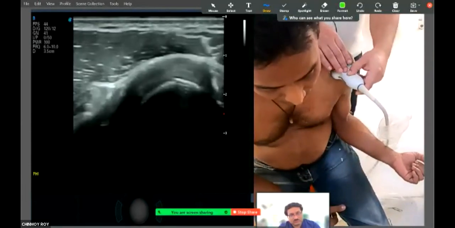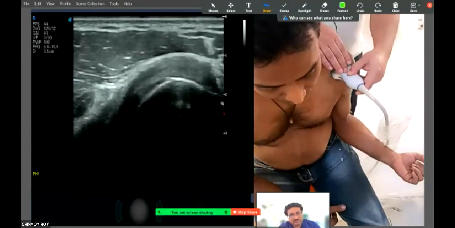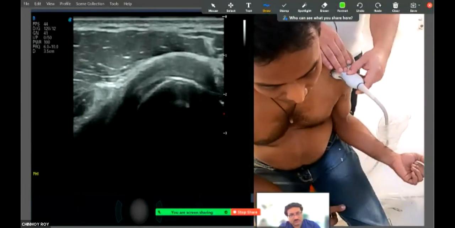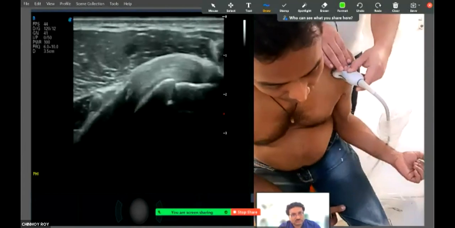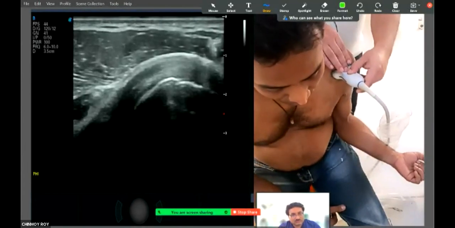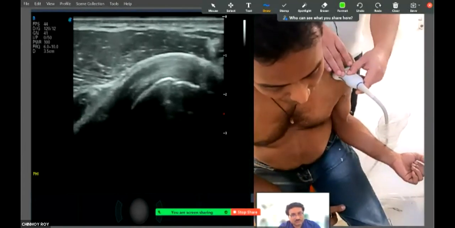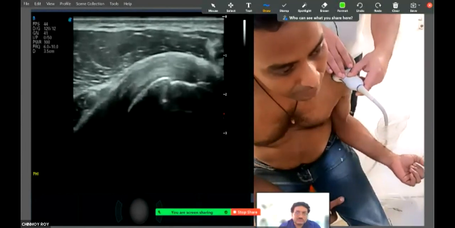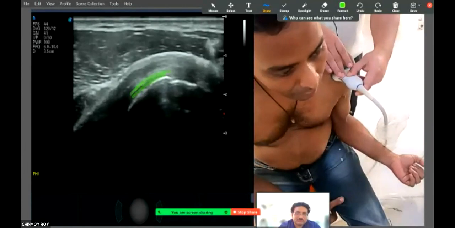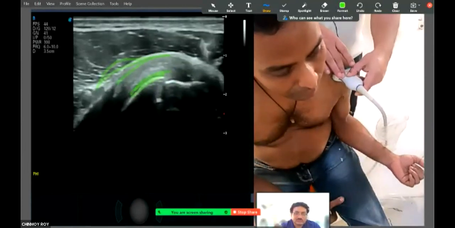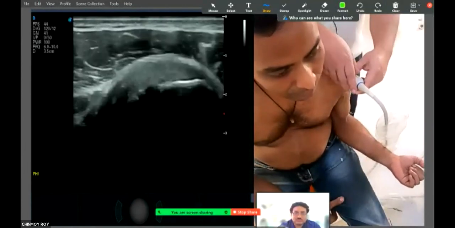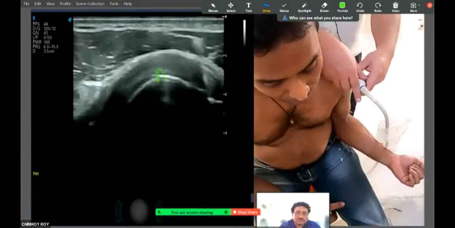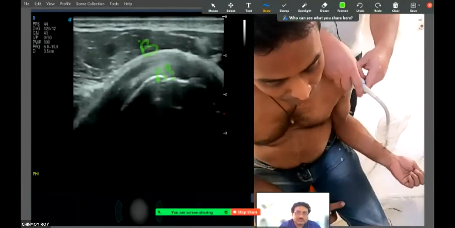You have to see whether it is typically round and there is no disruption of the cortex. Most of the time, if there is a tendinosis that is near the bony disruption, then it is an articular side tendinosis, and if it is on the other side, that will be the bursal side, like disruption of the tendon tear.